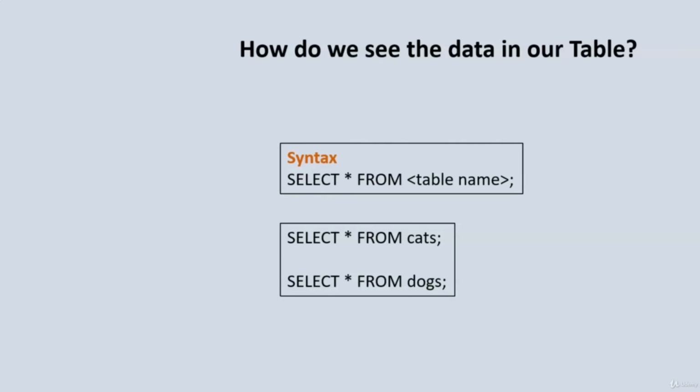From the dogs table, we have select star from dogs. The select statement tells an SQL server to retrieve, and the star means all. So we're saying retrieve all the records from the cats table, or give me all of the records you have from the dogs table.